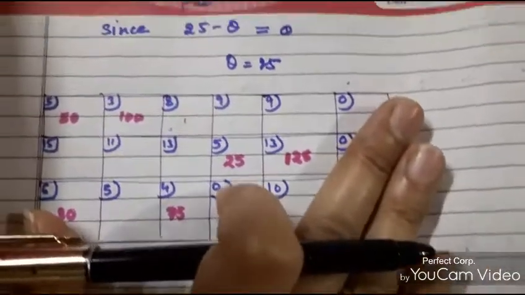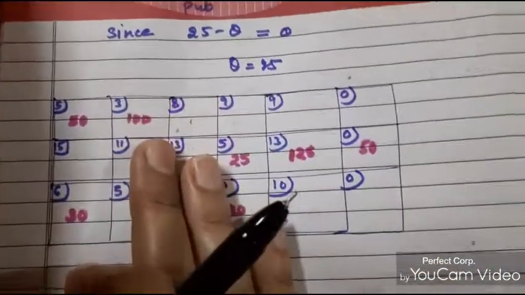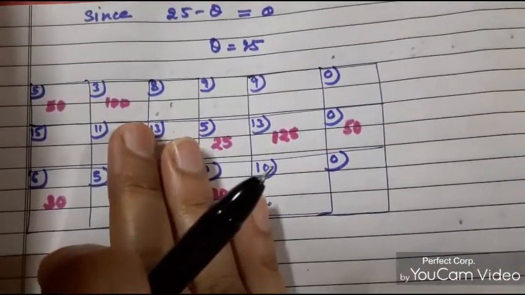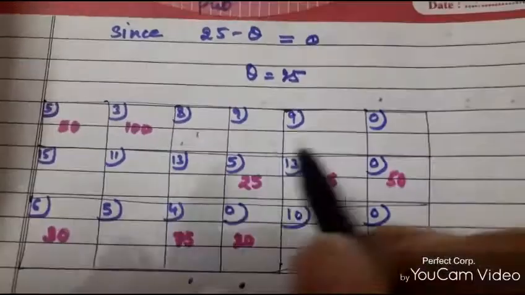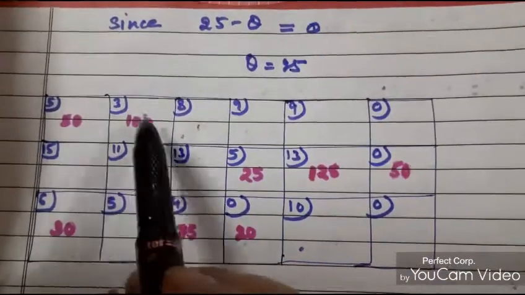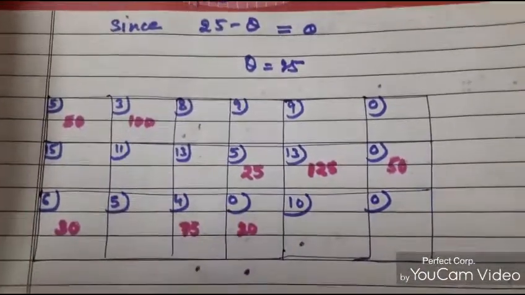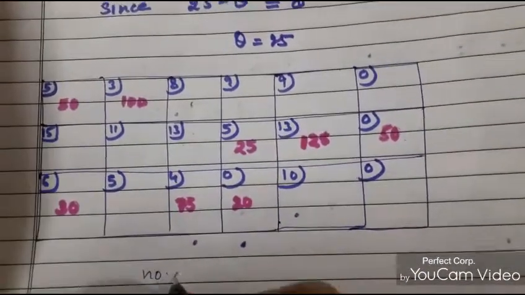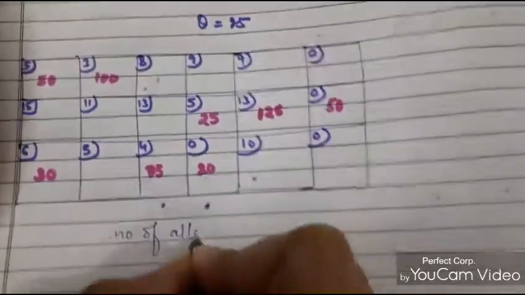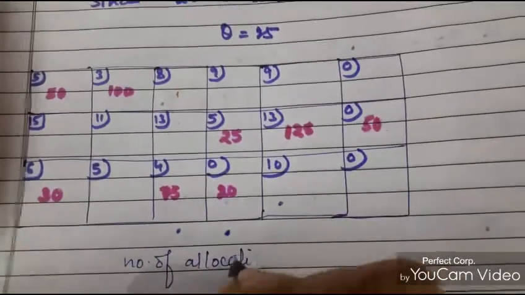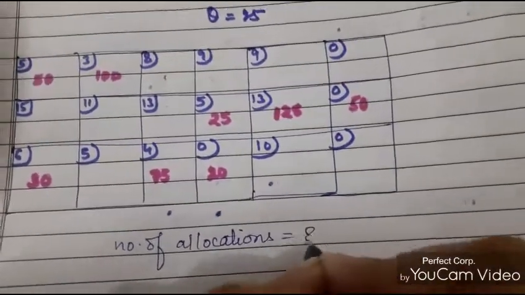Again we check whether we have degeneracy or not. Total number of allocations 1, 2, 3, 4, 5, 6, 7, 8. We have a total number of allocations of 8.